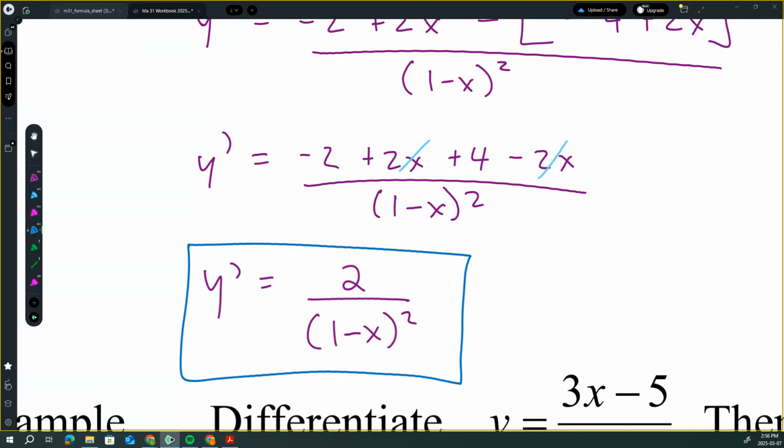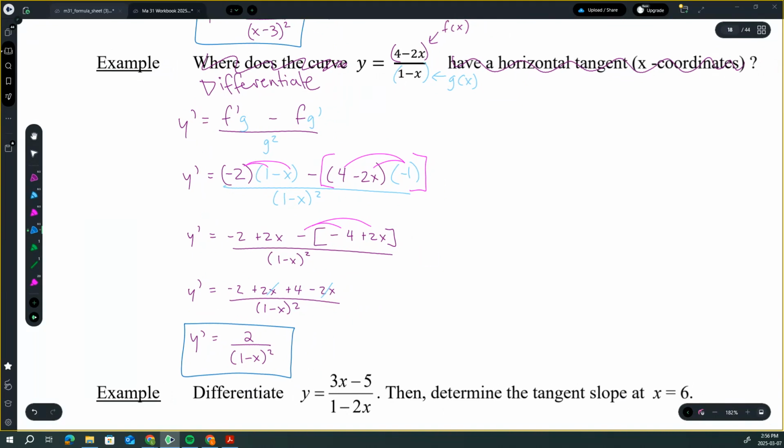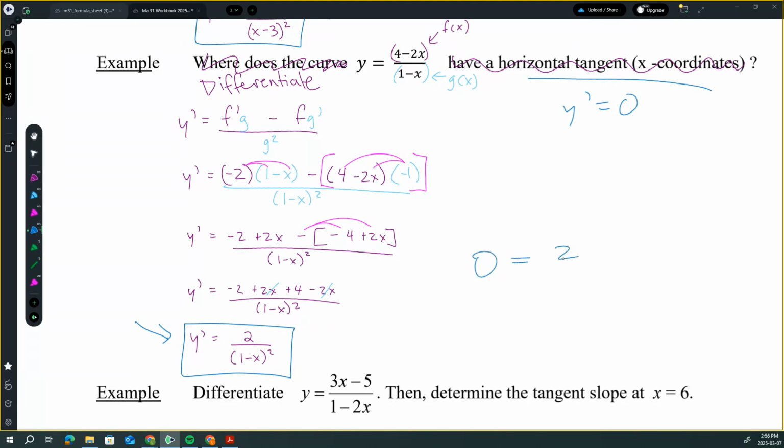All right. So the reason why I changed this question here is because if we were looking for the horizontal tangents here, so we're looking where y prime is equal to 0, we would have to sub in 0 where y prime is, which would be 0 is equal to 2 divided by 1 minus x, squared. This would mean we do not have a horizontal tangent.